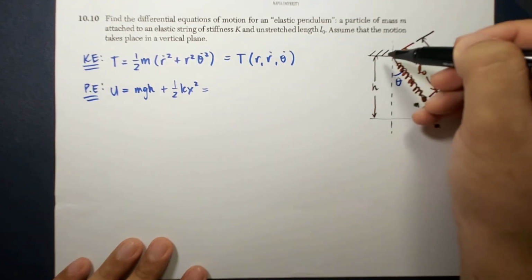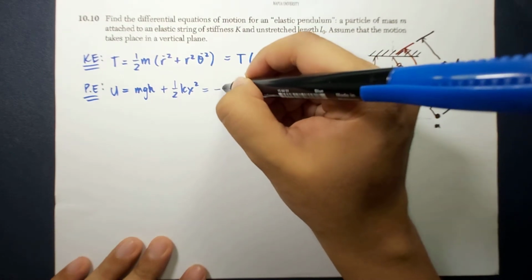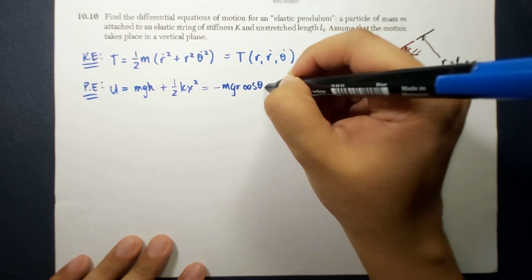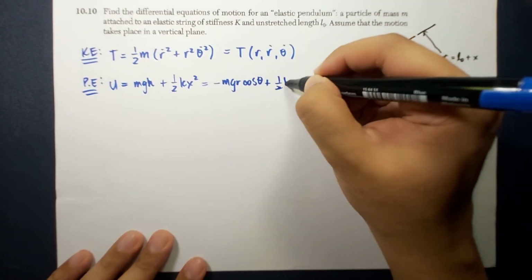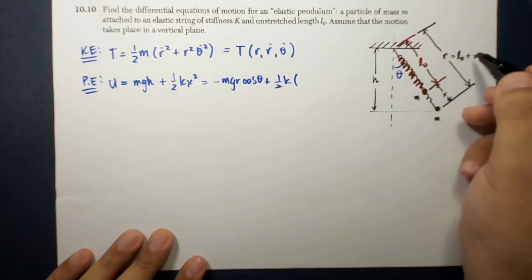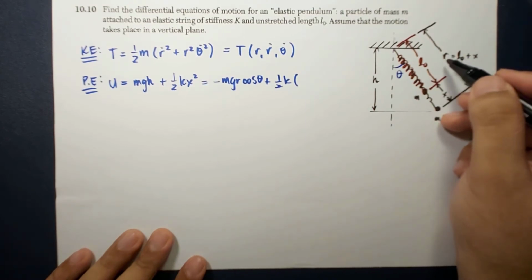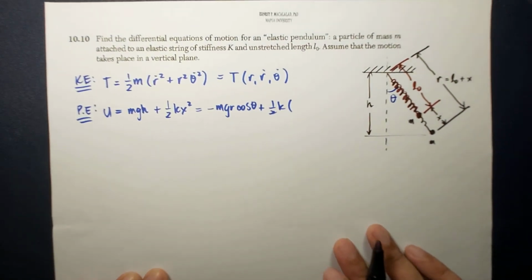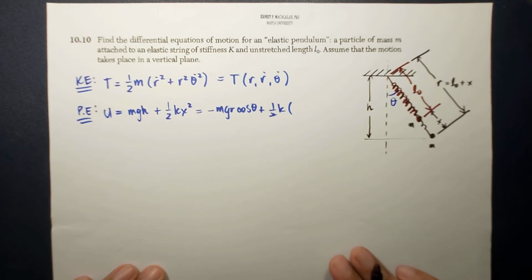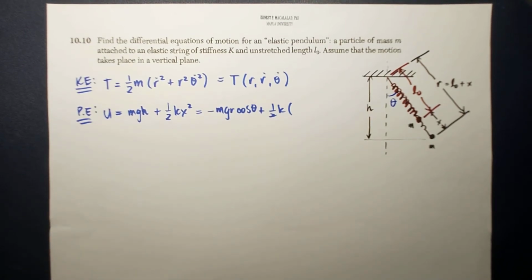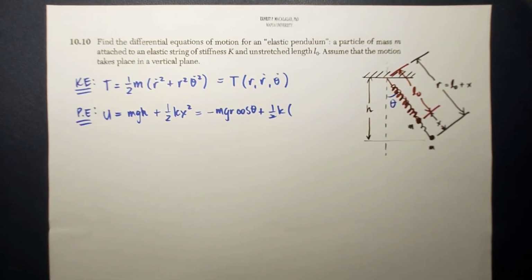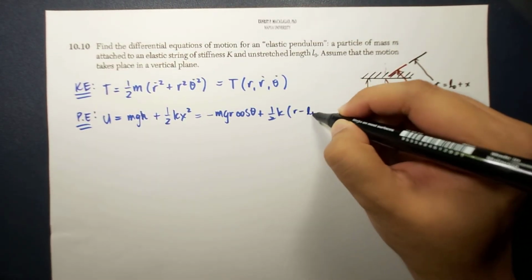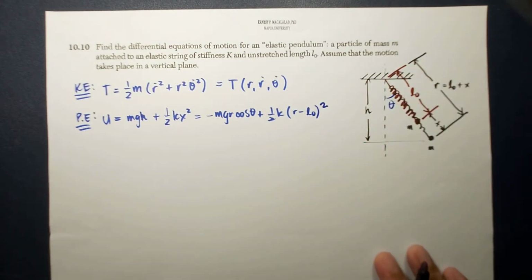So this is negative mgr cosine theta, plus 1/2 k times x, which is r minus L naught, squared.